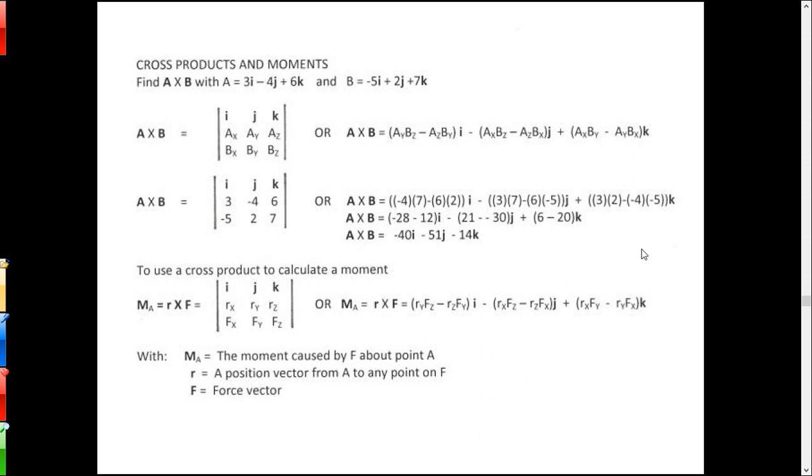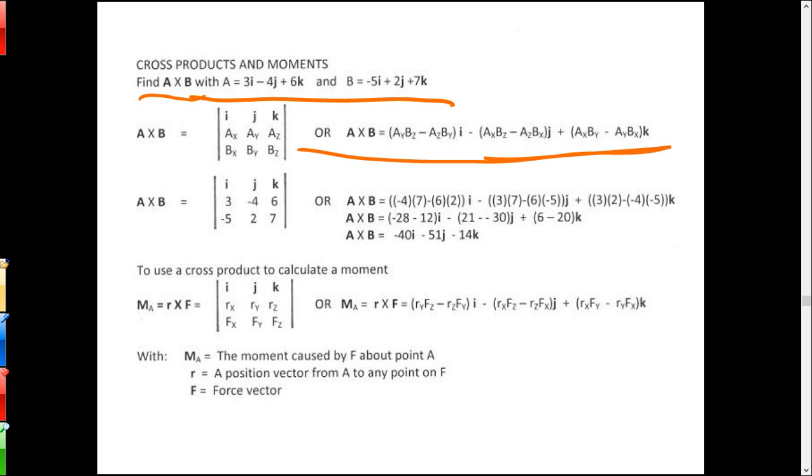So let's find A crossed with B, if A is 3i minus 4j plus 6k and B is minus 5i plus 2j plus 7k. Okay. So again, you'll have the formula laid out like that on your formula sheet if you need to do this. All you do is just combine the numbers the right way.